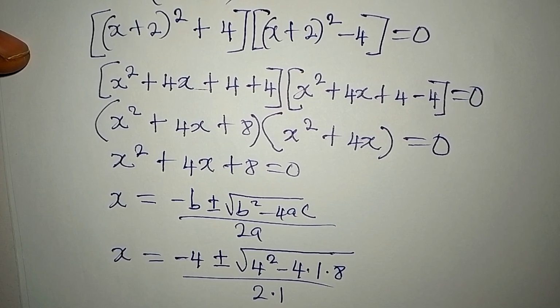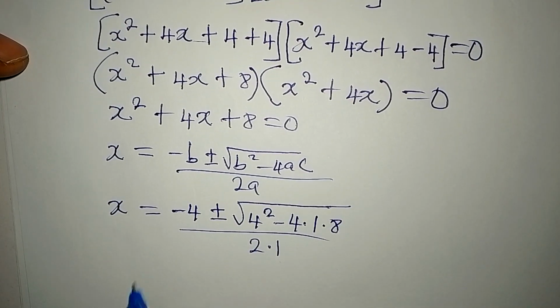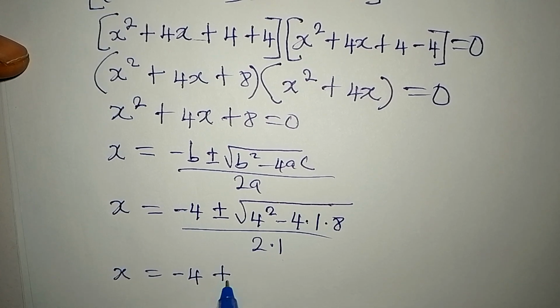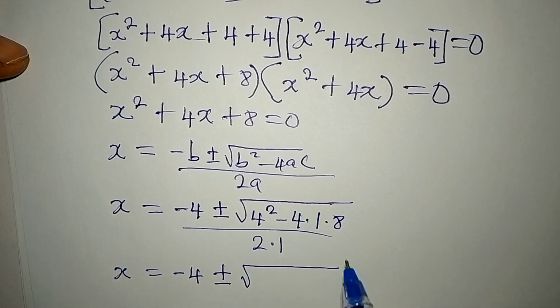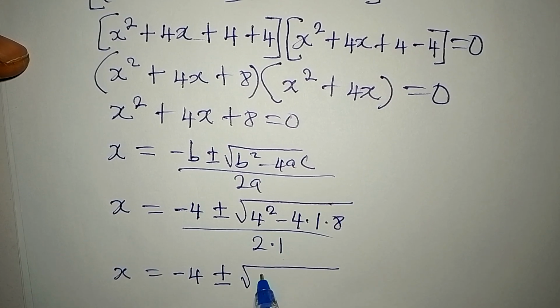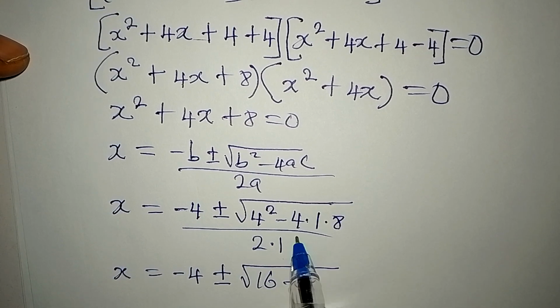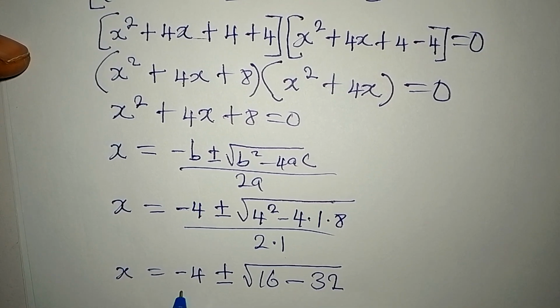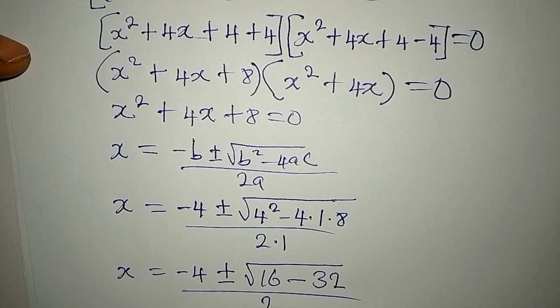So x will be equal to (-4 ± √(16 - 4 × 1 × 8)) over 2, where 4 times 1 times 8 is 32.